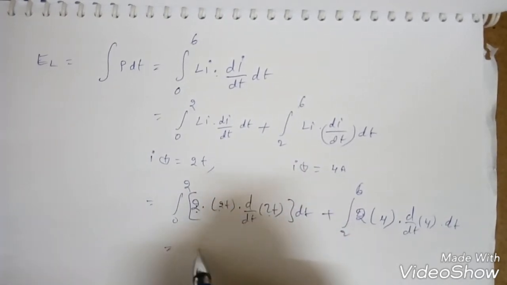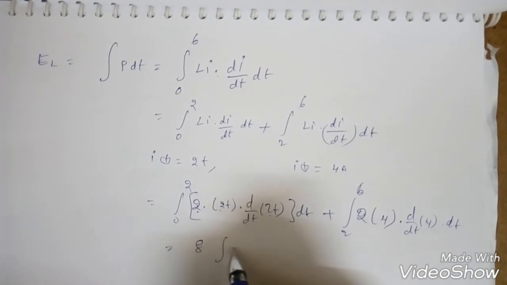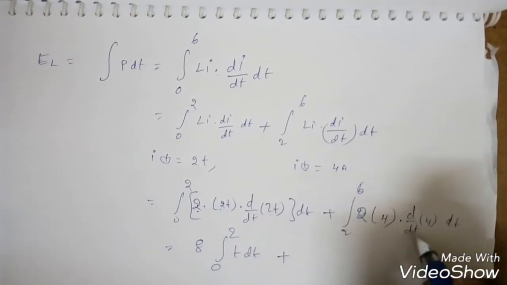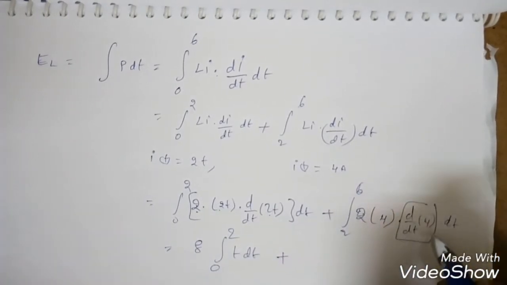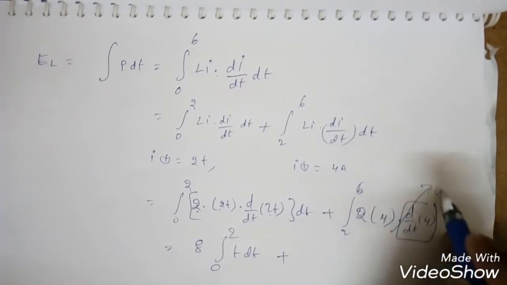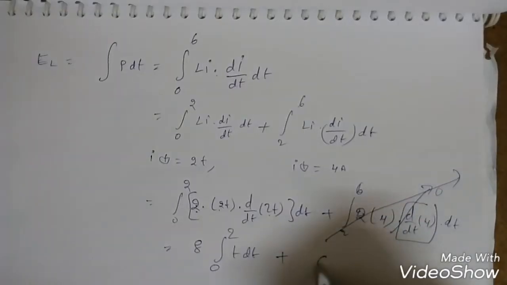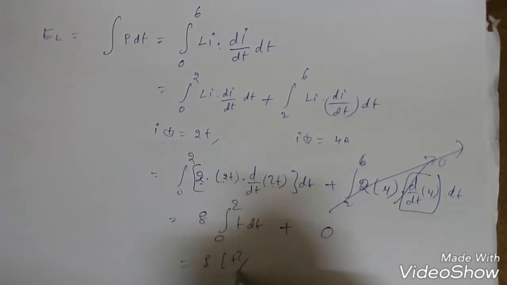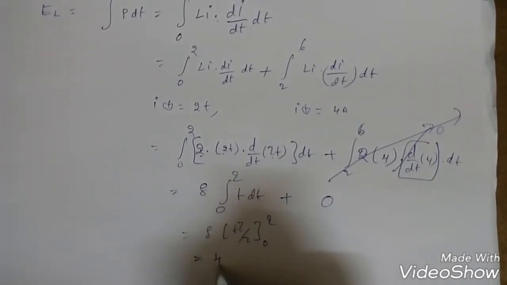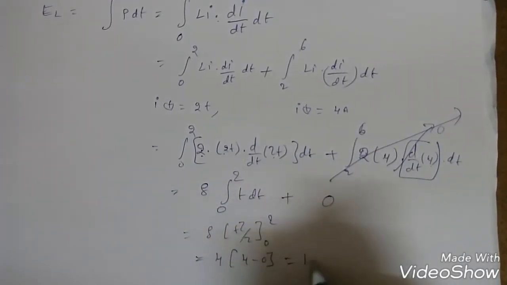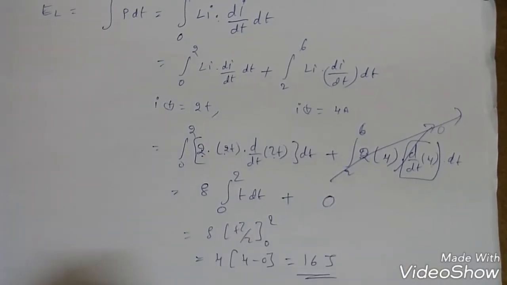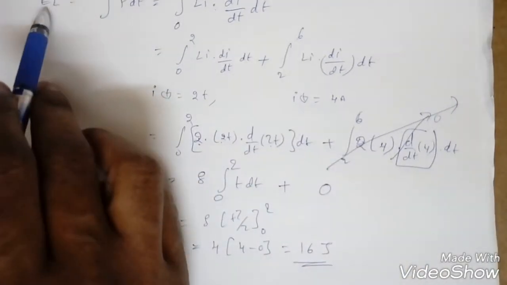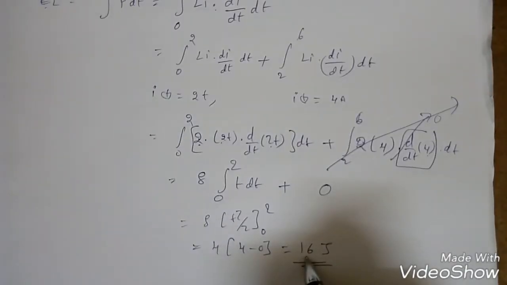So 2 into 2 into 2 is 8, and the integration of t dt is from 0 to 2. When I differentiate the constant, we get 0, so the second integration becomes 0. The integration of t is t square by 2 with limits 0 to 2, so it becomes 8 by 2, that is 4 into 4 minus 0. So 16 joules is the energy absorbed by the inductor up to 6 seconds.